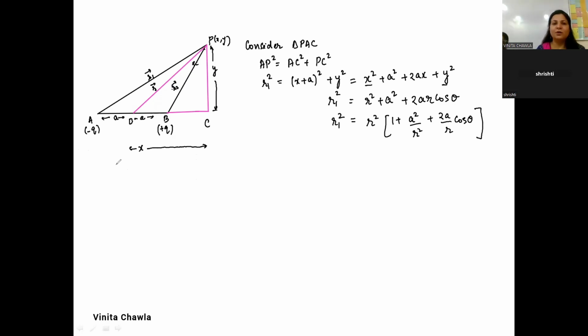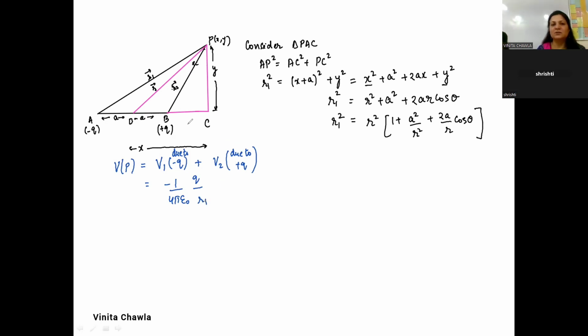Now, we have to find electric potential at P. So electric potential at P is equal to electric potential at P due to charge minus Q plus electric potential at P due to plus Q. Because of minus Q, we have minus 1 upon 4 pi epsilon naught Q by R1.